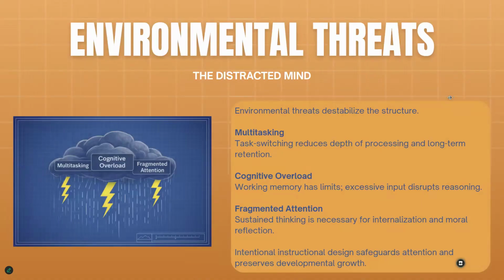So even strong structures have environmental threats. The distracted mind explains that multitasking is really task switching. So this reduces depth of processing. Our working memory has limits, so cognitive overload will disrupt reasoning.